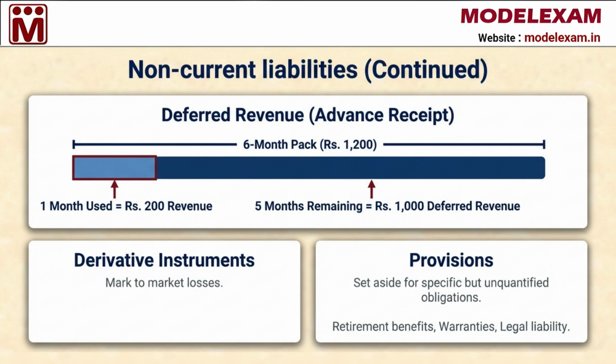The remaining 5 months worth rupees 1,000 is a liability because the service is yet to be delivered. We also have derivative instruments which show mark-to-market losses. Finally, we have provisions. These are amounts set aside for specific but unquantified obligations like retirement benefits or legal liabilities.